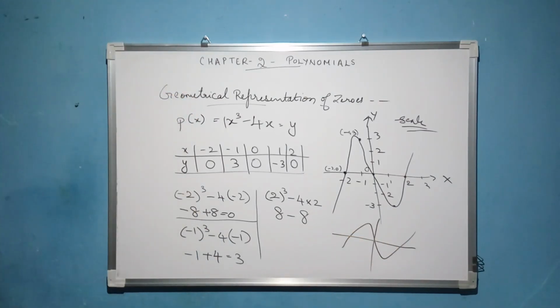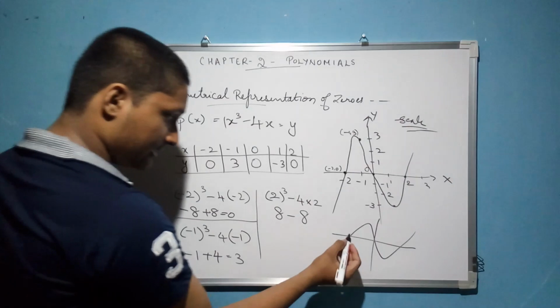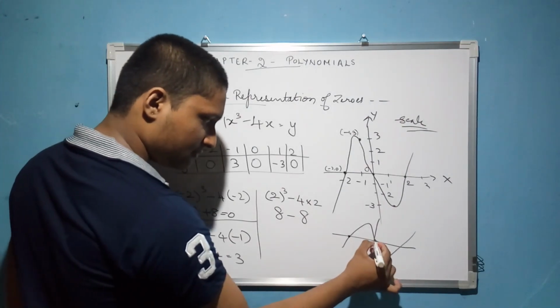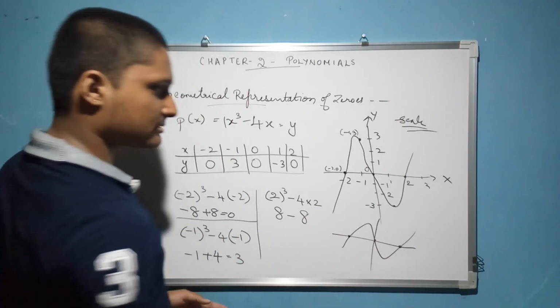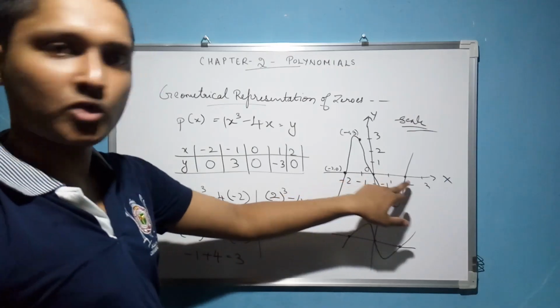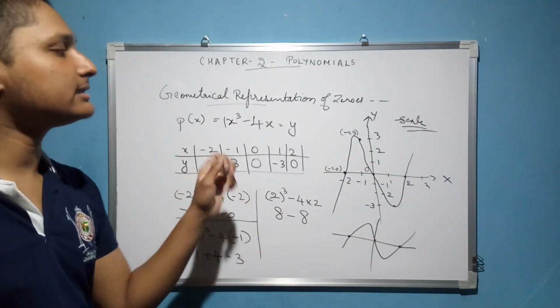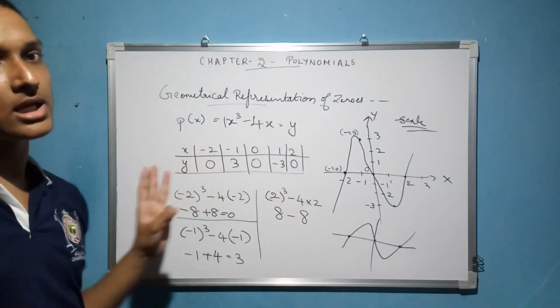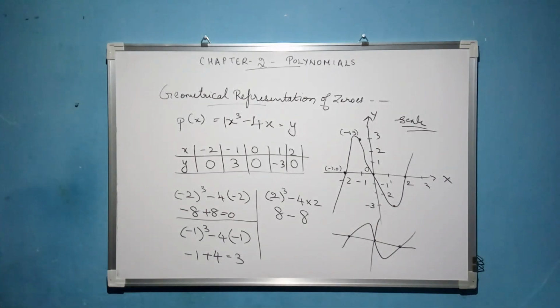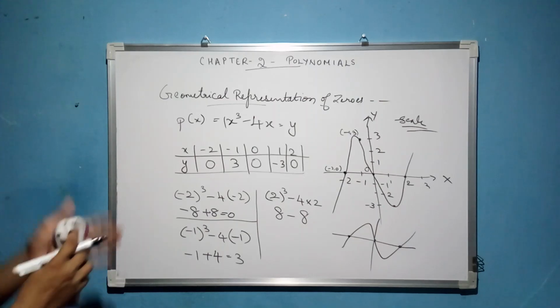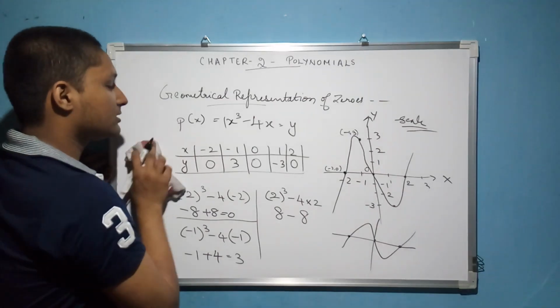From this you can understand that there are 3 points at which it touches the x-axis: at -2, 0 and 2. That means that this cubic polynomial has 3 zeros. So you can understand that the number of times the curve or the given graph touches the x-axis gives the number of how many zeros the polynomial has.